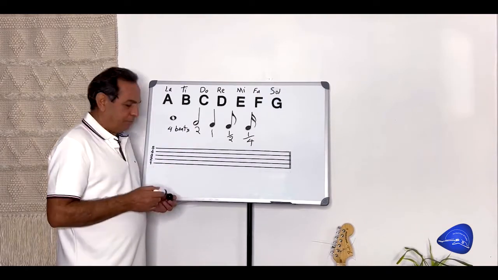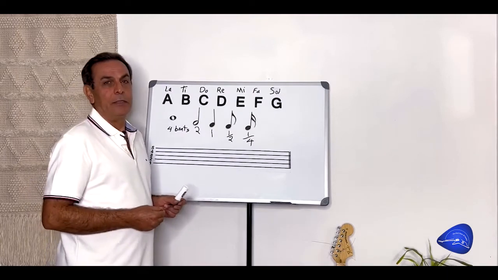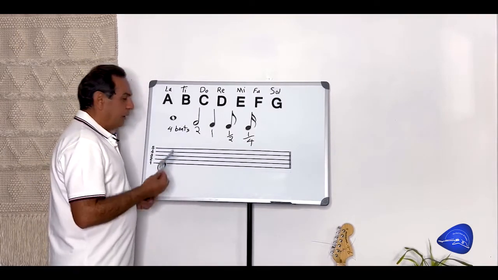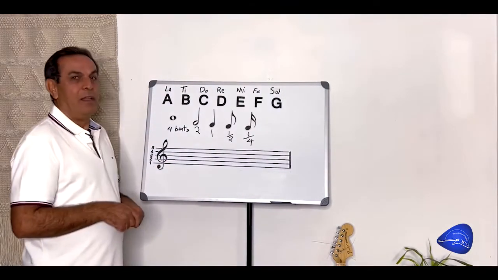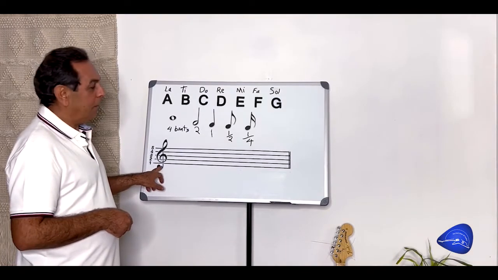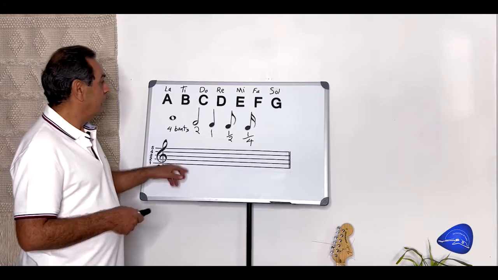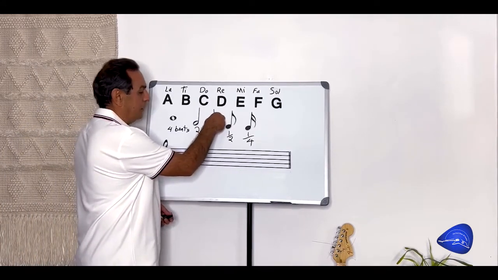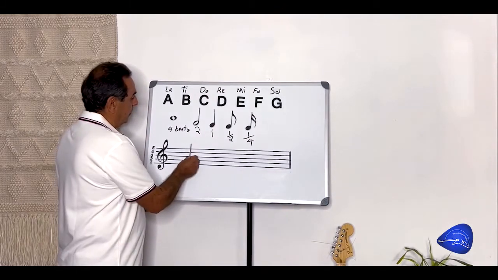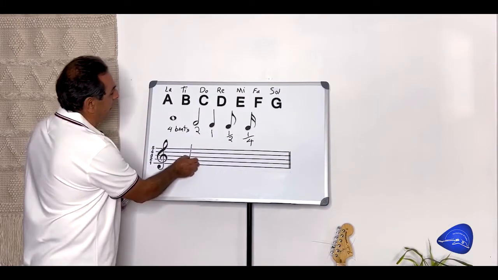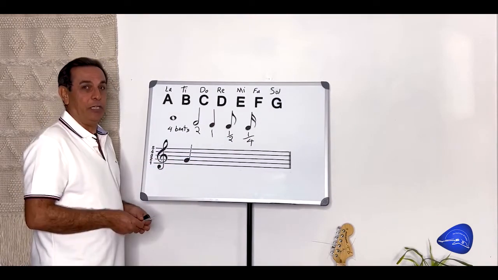The next is clef. This is treble clef. When we have treble clef, any note on the second line is G. The other name of the treble clef is G clef.